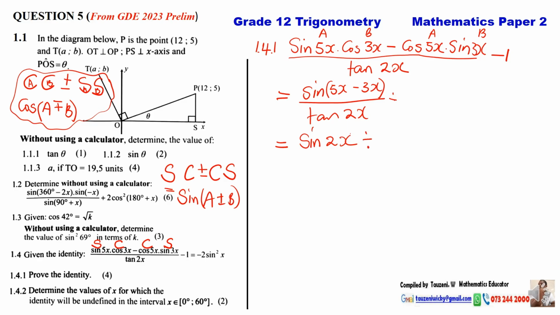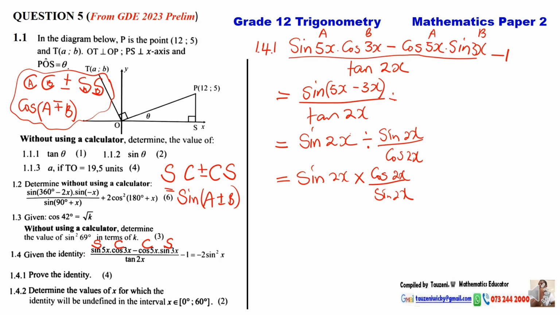Then tan is the same as the sine of 2x divided by the cos of 2x. Then we know from division of fractions that if you divide fractions, we change the division to multiplication, and then we swap the terms of the other fraction. So this fraction is going to become cos 2x divided by the sine of 2x.